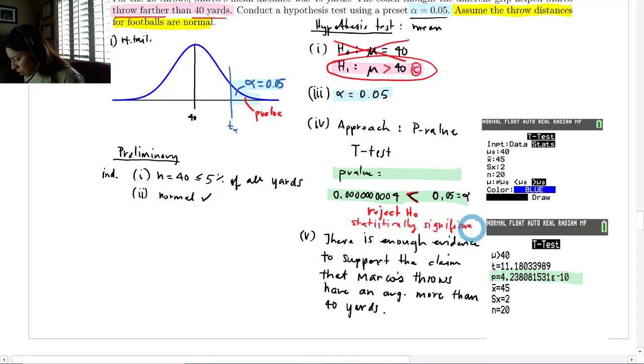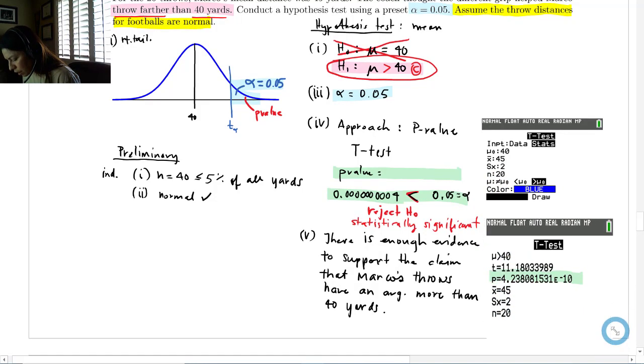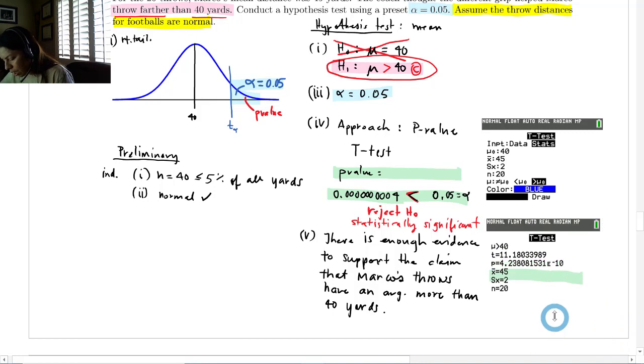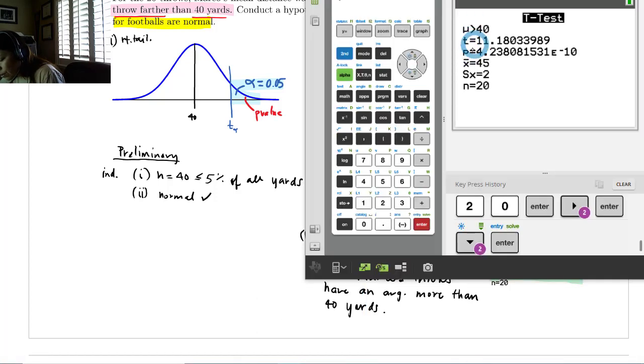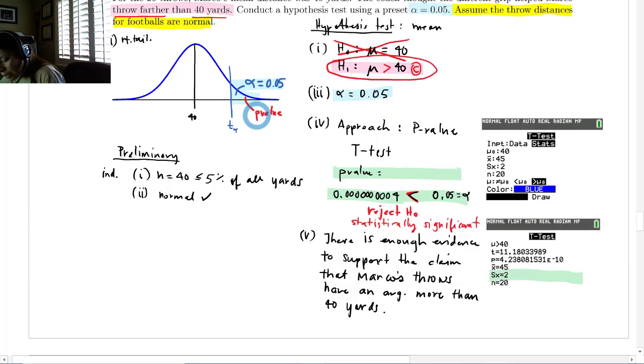Okay, and essentially what the results give us here is a lot. So if I went back to the calculator, let's take a look. I just skipped over everything and went straight to the p-value. However, notice this t here. This t here is 11.18. So that was the test statistic. So the calculator gives the p-value and also the test statistic, which is t.